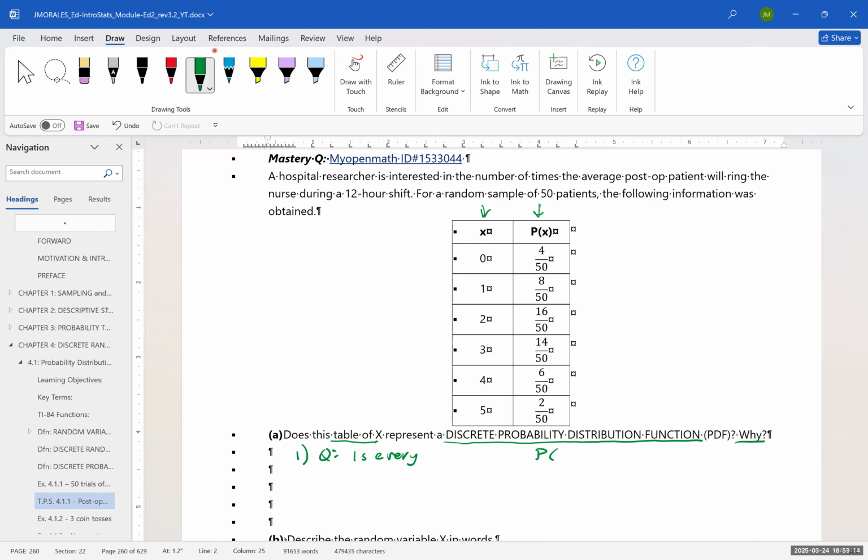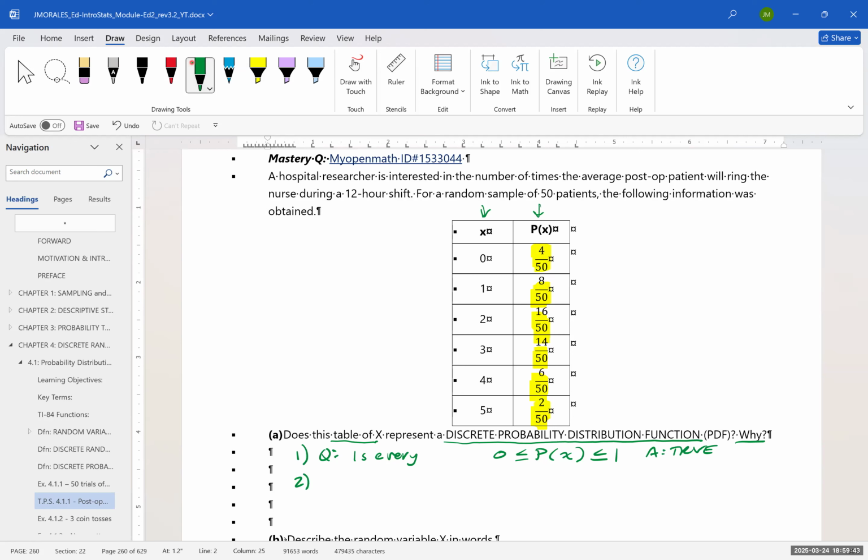Is each probability for every value in the domain less than or equal to 1, greater than or equal to 0? So if you look at each of these fractional values here, all of these are going to be less than 1. So this is going to be true.